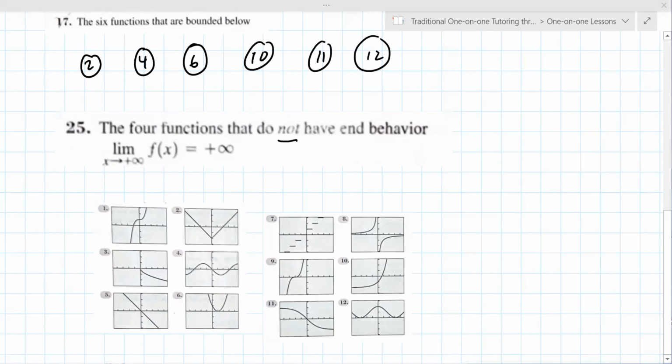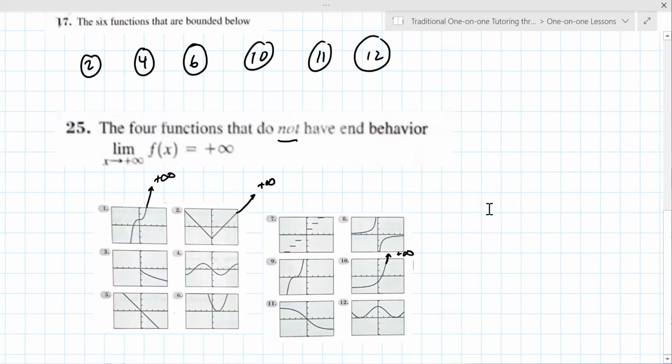So when it goes to infinity, what that means is that as it goes to the right, like number 1, it goes to positive infinity. Number 2 also goes to positive infinity. 10 also goes to positive infinity.